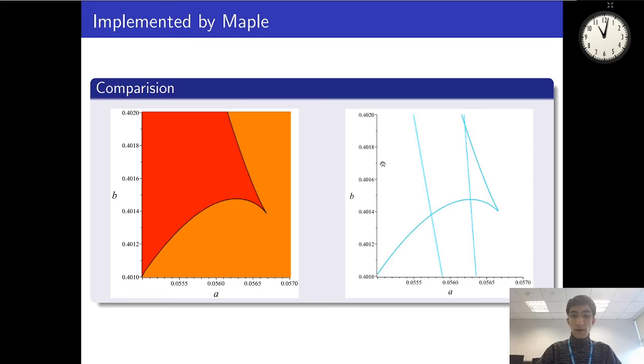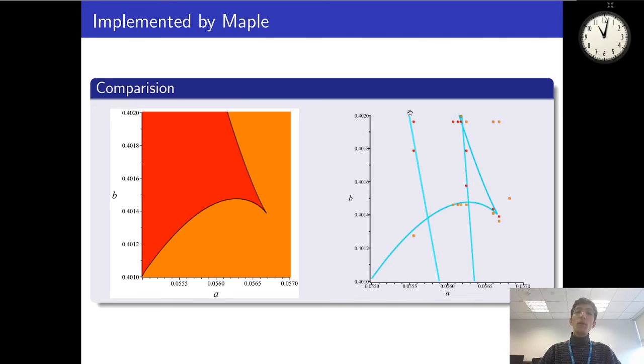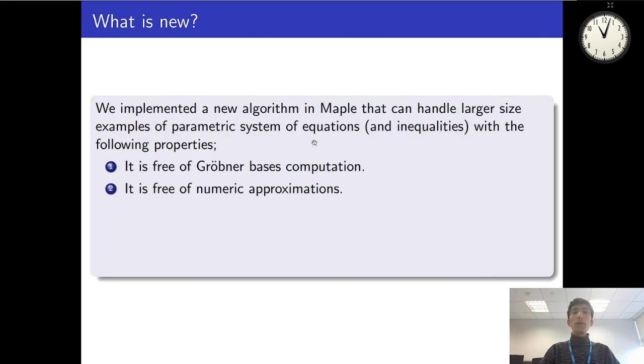But anyway, when we pick sample points from the cells with respect to these new curves and we substitute back, we get the same result. The red color means 15 steady states, and the orange color means 9 steady states. So it shows that what we found numerically in the previous year was exactly everything.